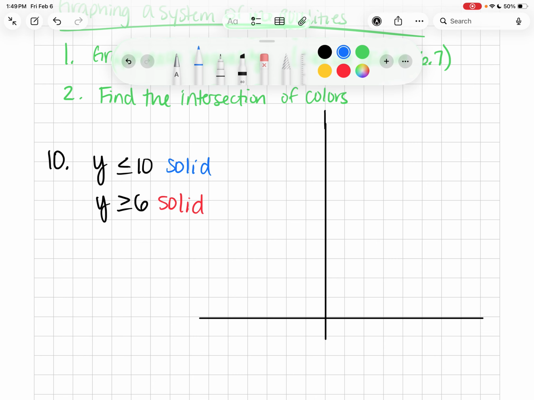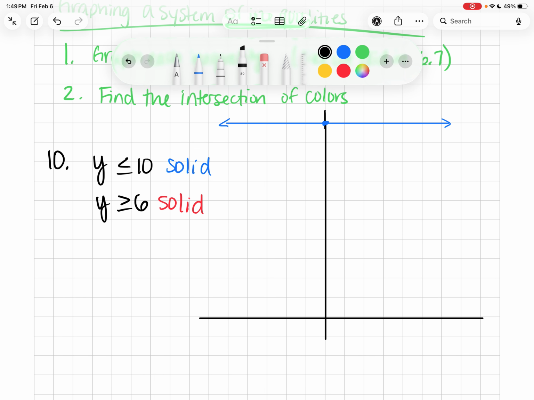All right, so Y is less than or equal to 10. So I'm going to go up to 10 on the Y-axis, and I have a solid line going across.